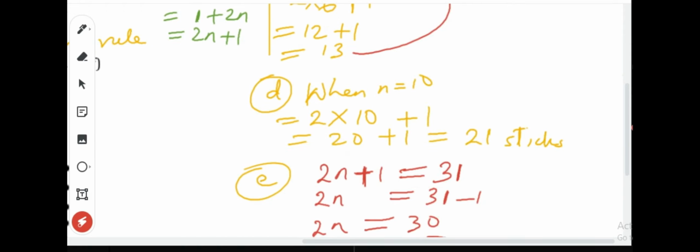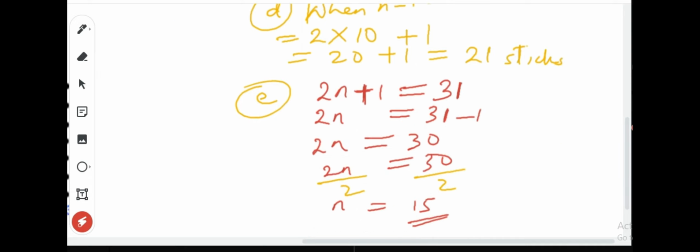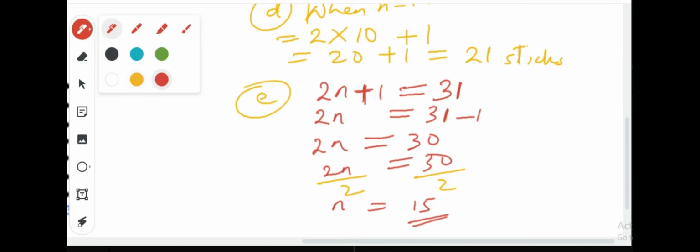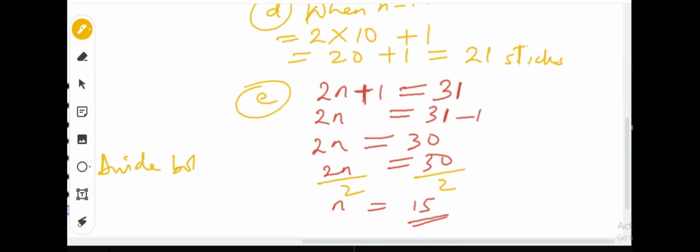You solve the equation, 2n equal to, plus 1 crosses over, it becomes 31 minus 1. 2n is equal to 30. You divide both sides by 2. So let me write it down here. Divide both sides by 2. That gives us this. So it's pattern 15.